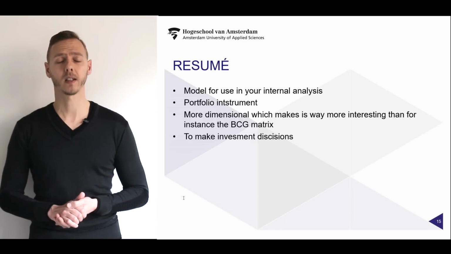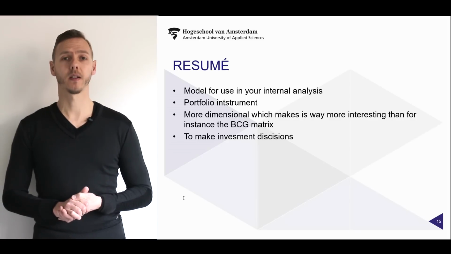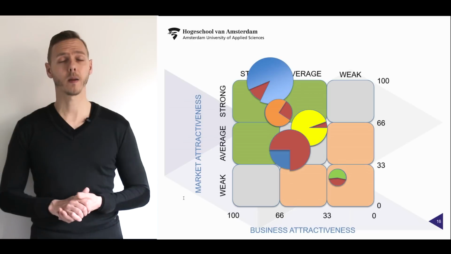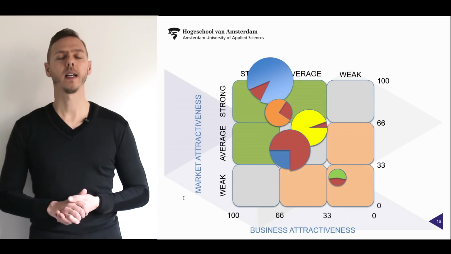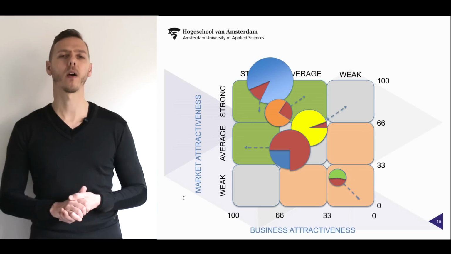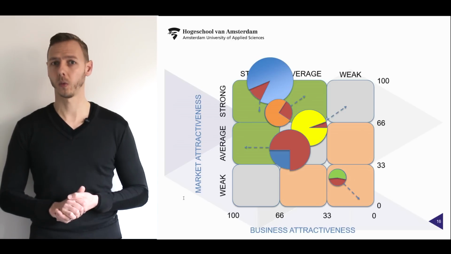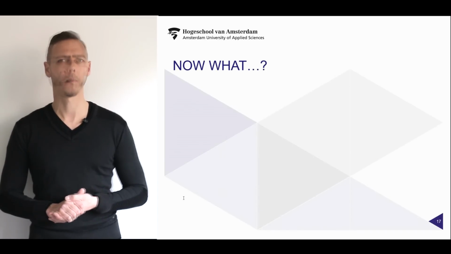It's a multi-factor model. It's used to make investment decisions, and something that you also could do is draw a small extra line or maybe an arrow on the expected position the circle or the market will go. Since you are an expert, you probably can make this as well.